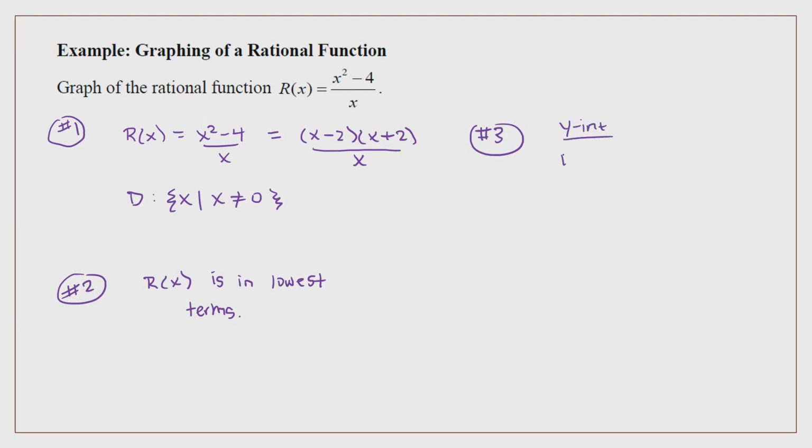Okay, so to find the y-intercept, we are going to substitute in 0 for x. So we're going to find r of 0. But we just determined in step number 1 that x cannot equal 0. So since x cannot equal 0, there is no y-intercept.